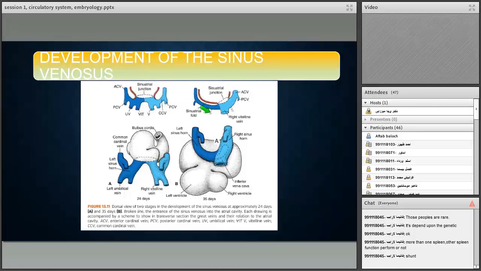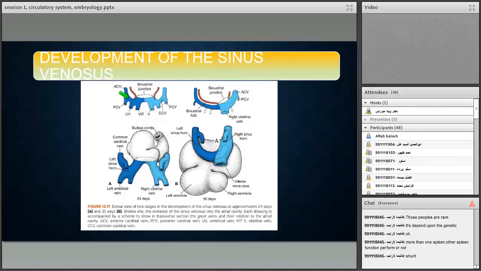After some time, the left sinus horn rapidly loses its importance by the obliteration of its veins. The left common cardinal vein is also obliterated on the 10th week.